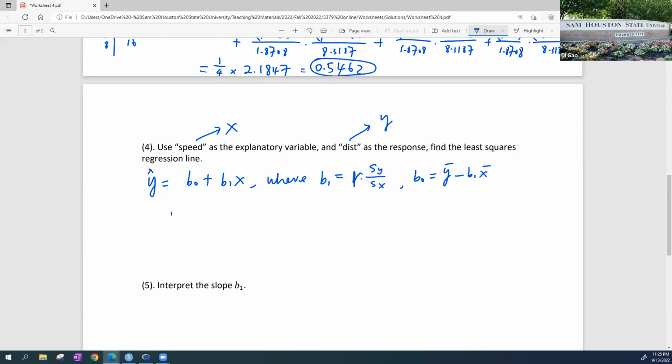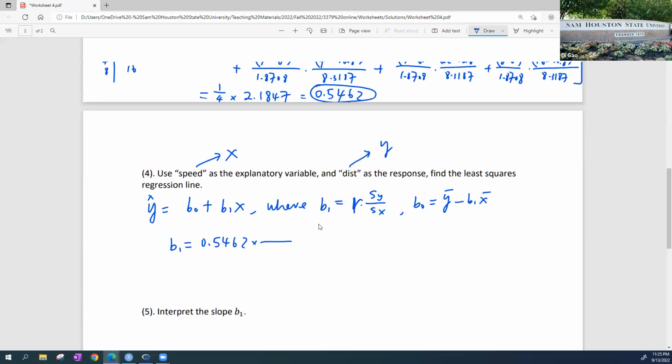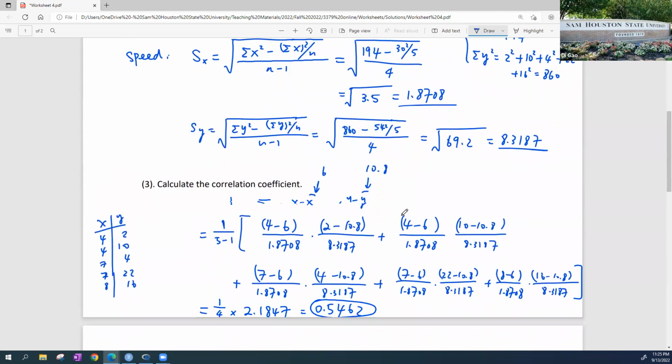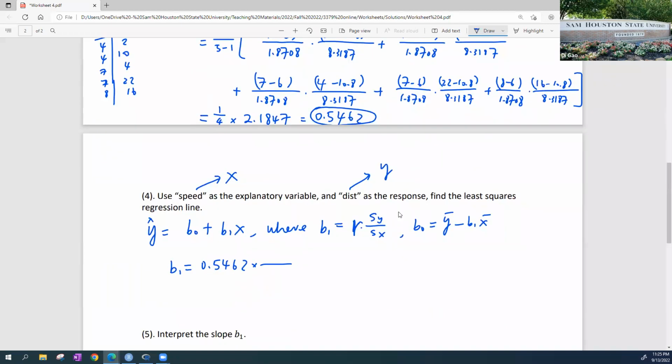So now let's just plug in what we have. So b1 is r, 0.5462, times sy over sx, 8.3187, and sx is 1.8708. So that's our b1.